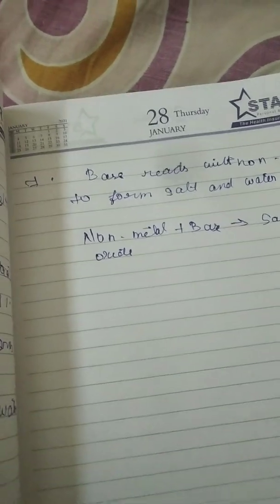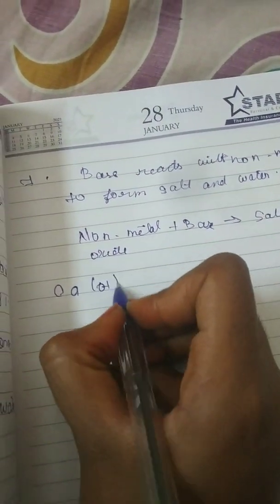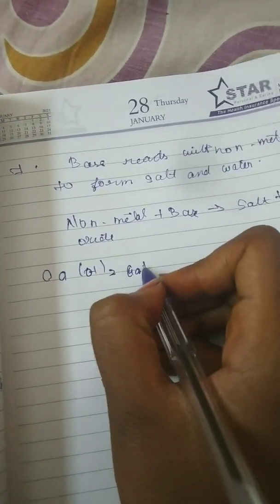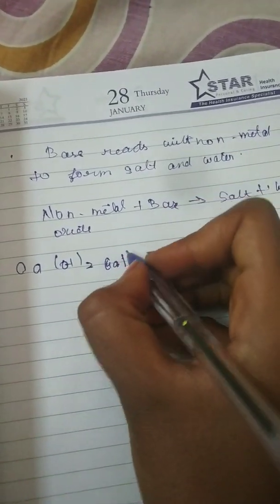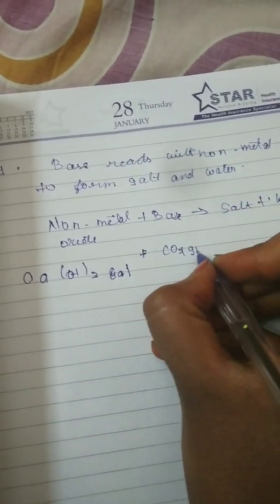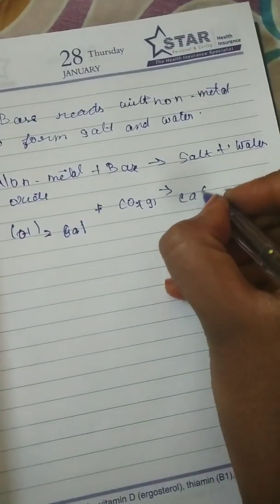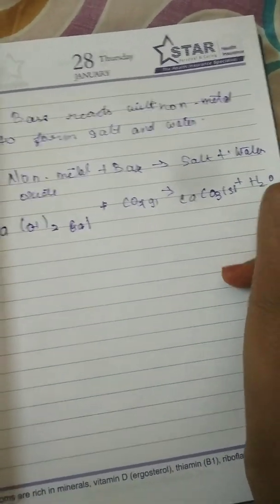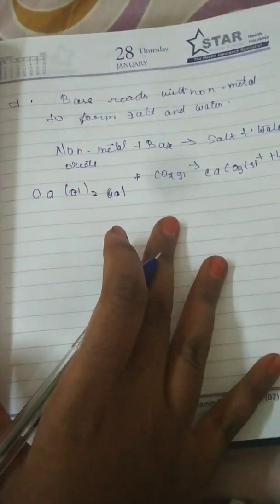We will see an example: Ca(OH)2 in aqueous form, that is the base calcium hydroxide, plus the non-metal oxide carbon dioxide, CO2 gas, gives us calcium carbonate, CaCO3, plus water, H2O. I hope you have all understood the chemical properties of acids and bases.